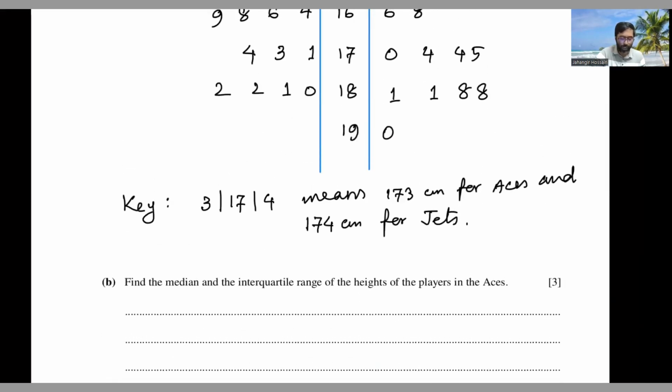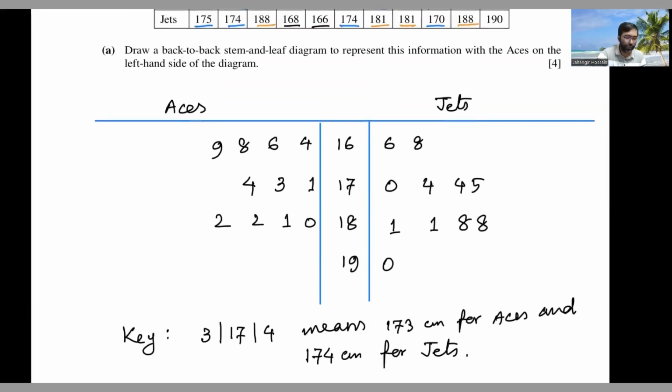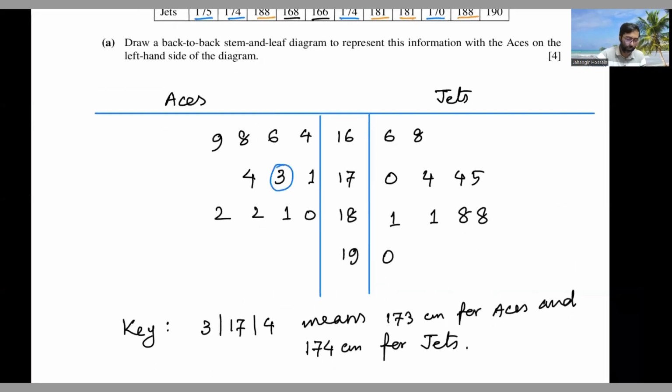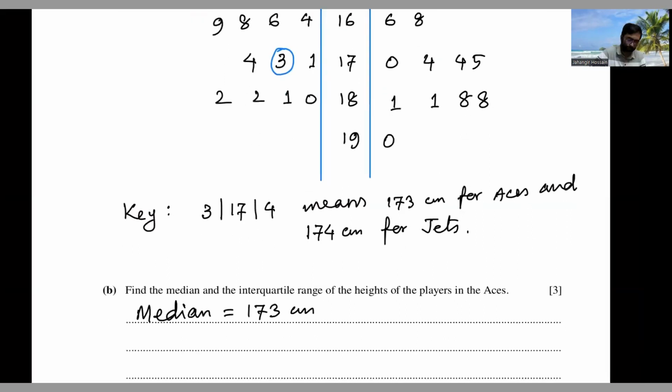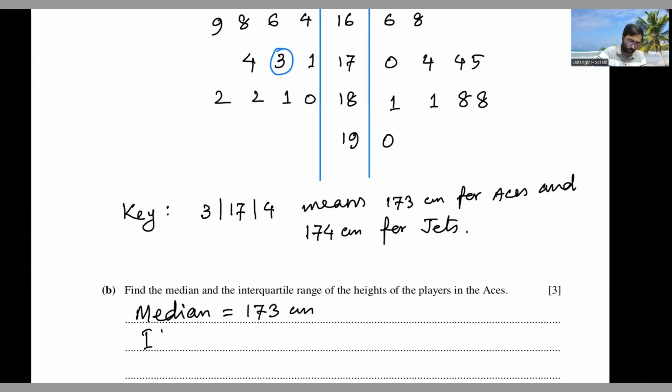Find the median and interquartile range of the heights of the players in the Aces. So find the median. You have to figure out the middle value. You see there are 11 players. The middle value is the 6th, which is the median. The median is 173 centimeters for Aces. The interquartile range, IQR, remember, is Q3 minus Q1.